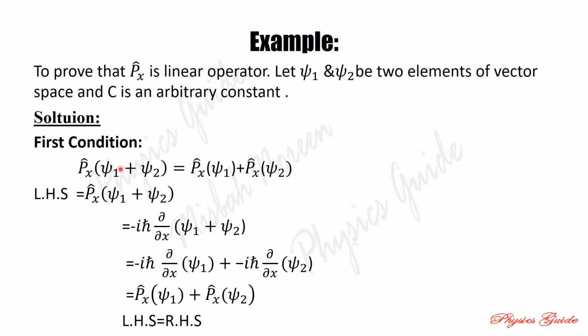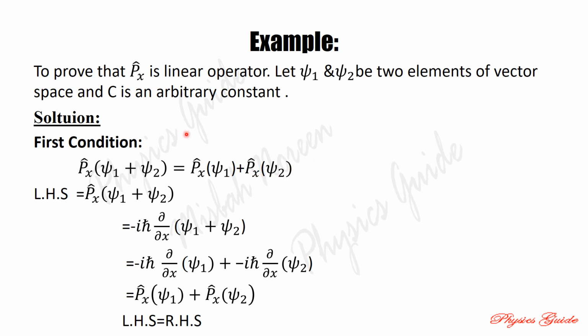The first condition is that if we multiply the momentum operator with the linear combination of two elements of a vector space, psi 1 plus psi 2, we get p of x into psi 1 plus p of x into psi 2.